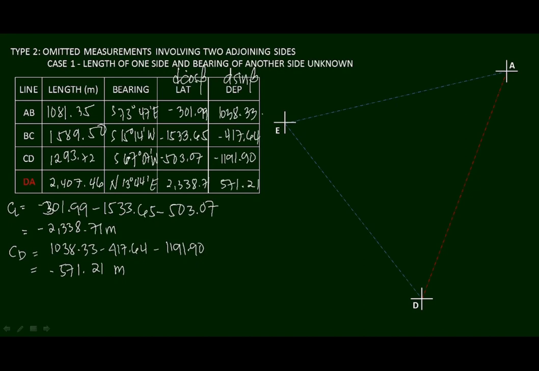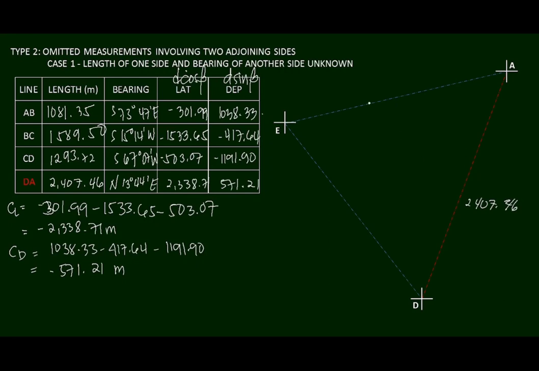Okay? So, we now have the length and bearing of DA. Let us just write it here. DA here, the length is 2,407.46.